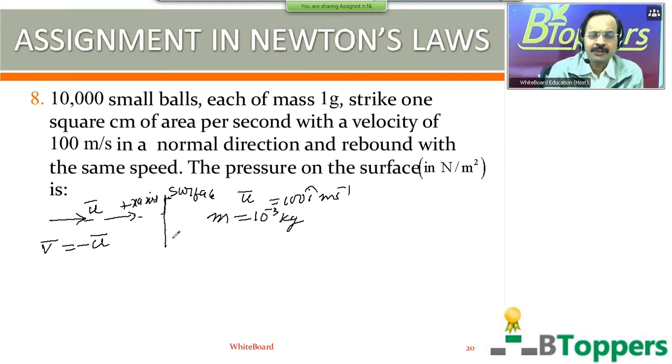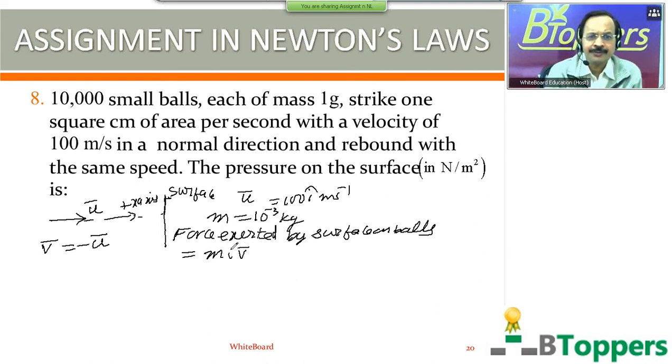So the average force exerted by the surface on the balls is equal to the time rate of change of linear momentum. That is equal to the change in momentum of one of the balls multiplied by the number of balls striking per second.